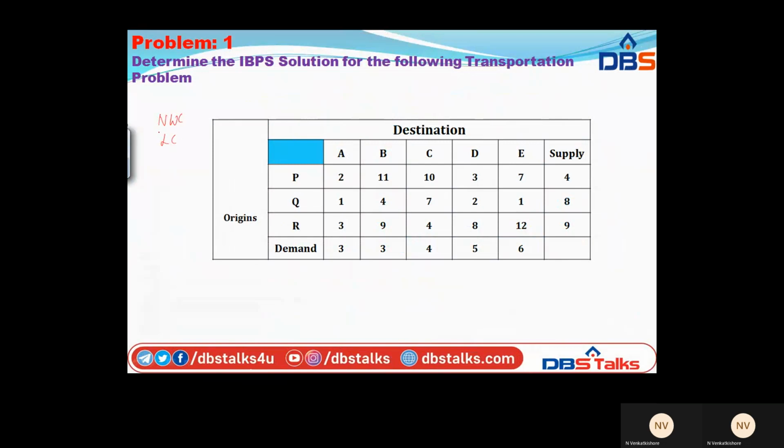These two methods were solved in the last class. For this problem, with NWC we achieved a cost of 153 rupees, and with least cost it is 85 rupees. Now we will solve the same problem by the VAM method, that is Vogel's approximation.